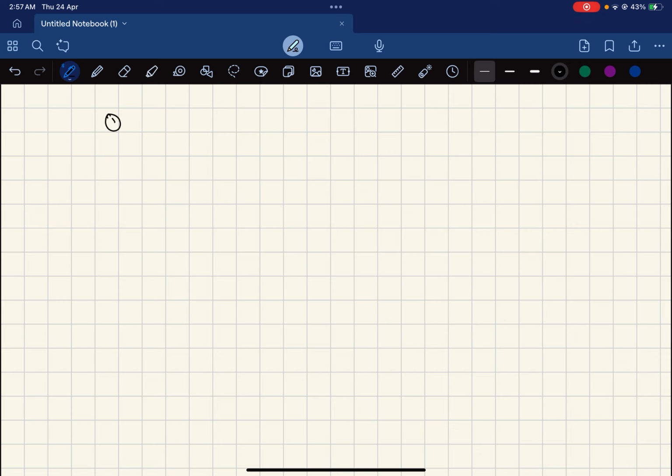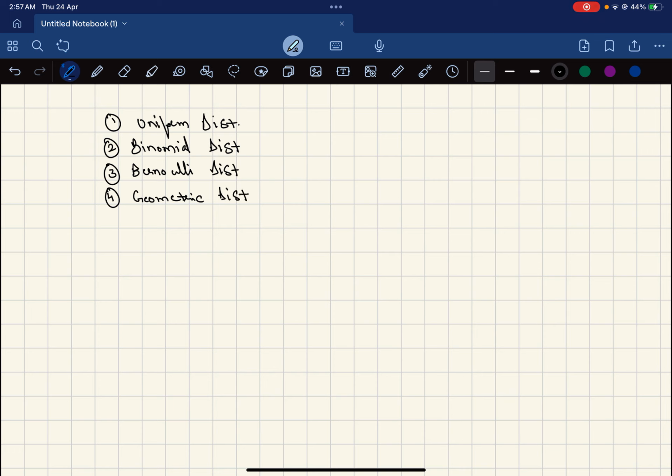So these are uniform distribution, then we have binomial distribution, then Bernoulli's distribution, then geometric distribution, and Poisson distribution.